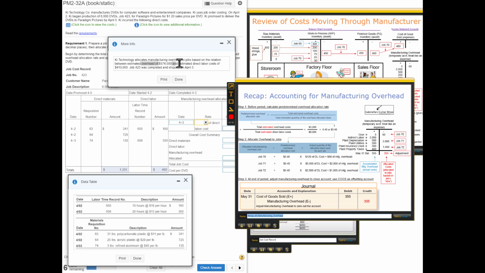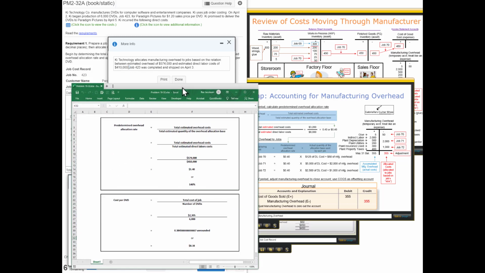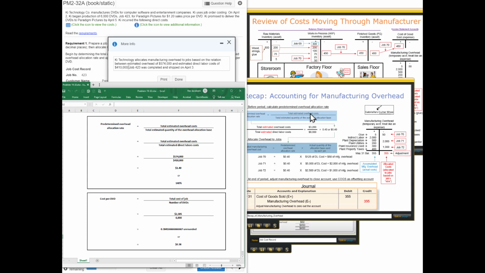So what they do for the bottom part is they estimate the direct labor costs. So we're going to take 574,000 divided by 410,000. And then I've done this in Excel. So similar to this, I've got total estimated overhead costs divided by total estimated quantity of the overhead allocation base.